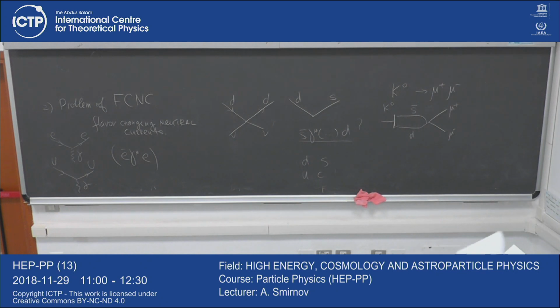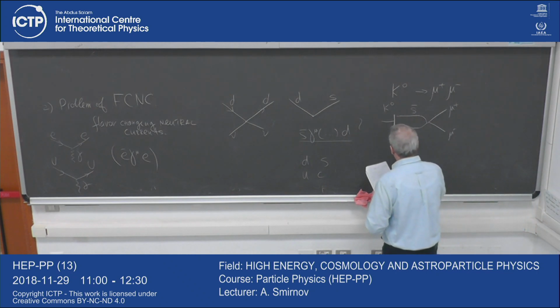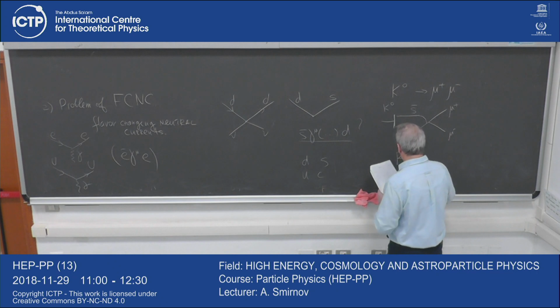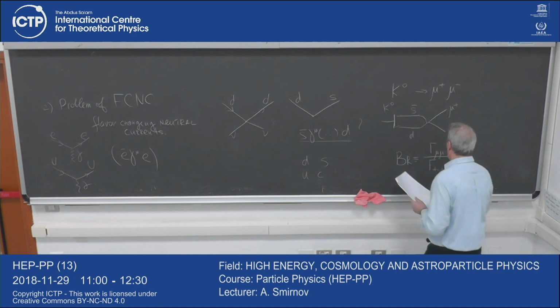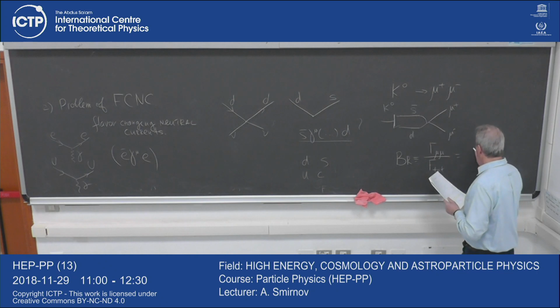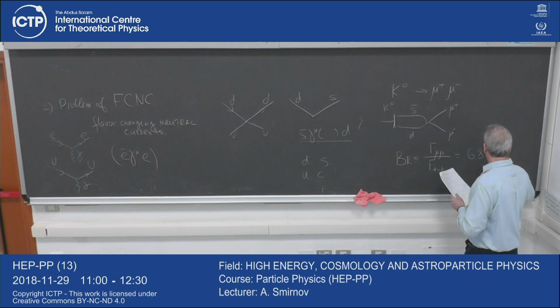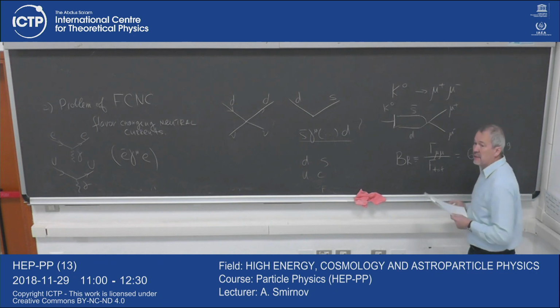Experimentally, such a process is extremely strongly suppressed. Eventually people discovered the decay of K0 into mu plus and mu minus, but it is very strongly suppressed. The branching ratio for this process, which is the rate of decay into mu plus, mu minus over the total rate, is 6.8, maybe now it's even more precise, times 10 to the minus 9.